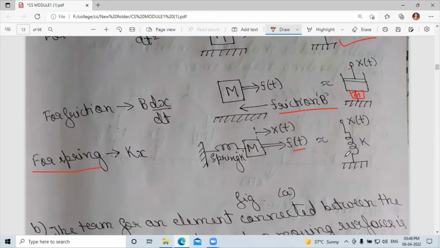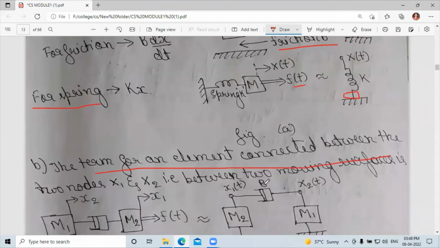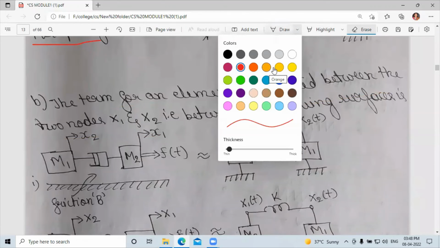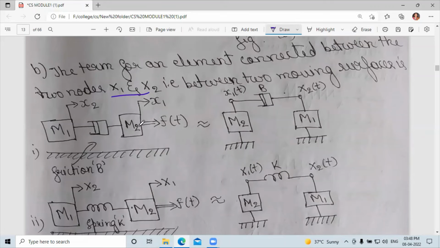X of t is connected to the spring. Next, the term for an element connected between two nodes, x1 and x2. Here M1 is connected to x2 and M2 to x1, and in between there is a friction B. This is called the physical system, and we can write it as the equivalent mechanical system.